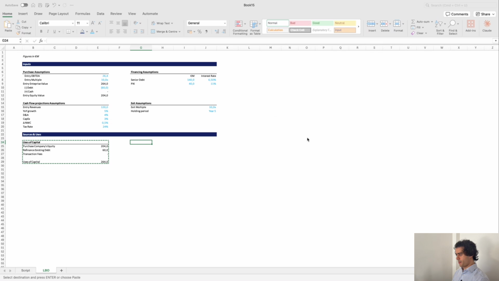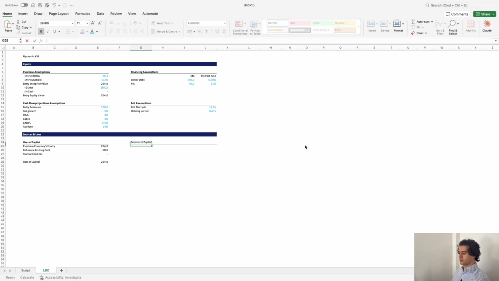Let's go to our sources of capital. And so we said that we have our senior debt, our PIK, and also the sponsor equity. So the senior debt is 140. The PIK is 40. We can calculate the sponsor equity as the difference between the total amount of sources of capital, which is equal to the uses of capital, and the debt raised.